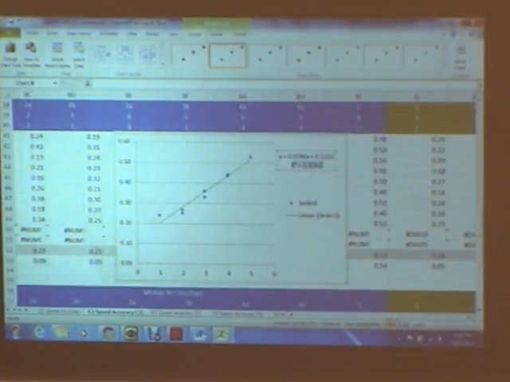Now, this R-squared value is a very often used statistical term. Basically, the R explains the amount of variance. It's kind of technical, but it's calculated based on something called the sums of squares of differences. I'm going to try not to go into too much detail, but I want to explain where it comes from.